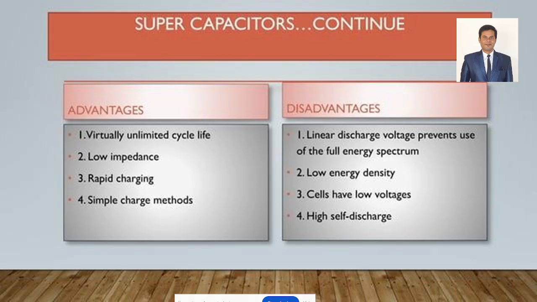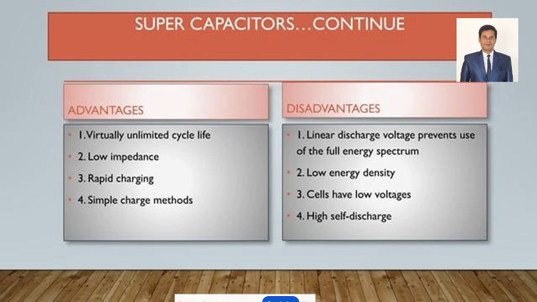If you talk about the supercapacitor, the power density is very high, I can accept it, but very little energy density will be there. That is what we have to improve in the supercapacitor, increasing its energy densities. And cells may have low voltage, less value of voltage ratings, and have a high self discharge.